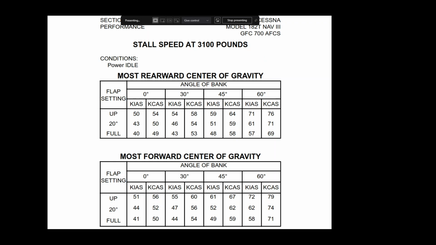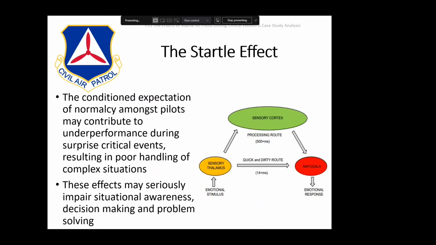So, it's quite an increase. And if you do the math for your glide speed, it does mean that you still have a margin, but it's not a significant margin anymore.